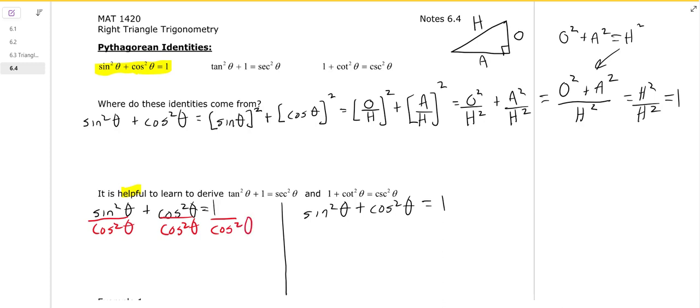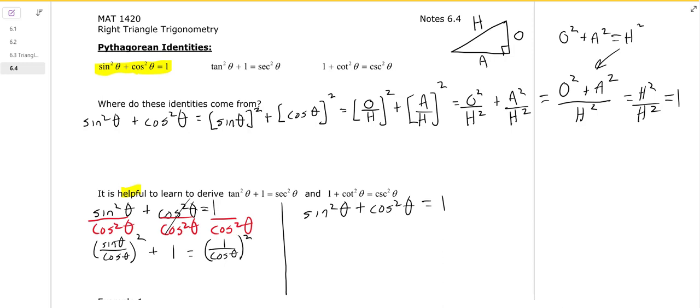And what happens, we're going to use some identities. This right here can be thought of as the sine theta over the cosine theta to the second power. Cosine theta divided by itself is 1, and then this could be thought of as 1 over the cosine theta all to the second power.